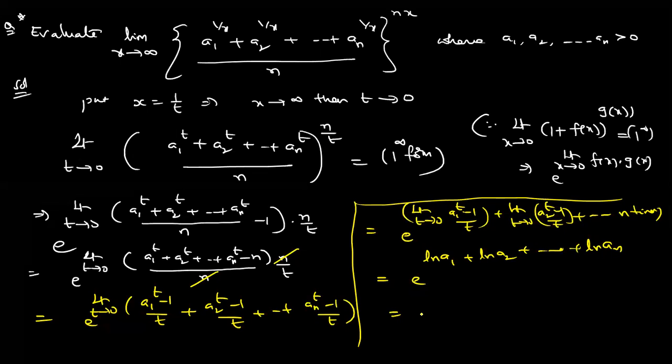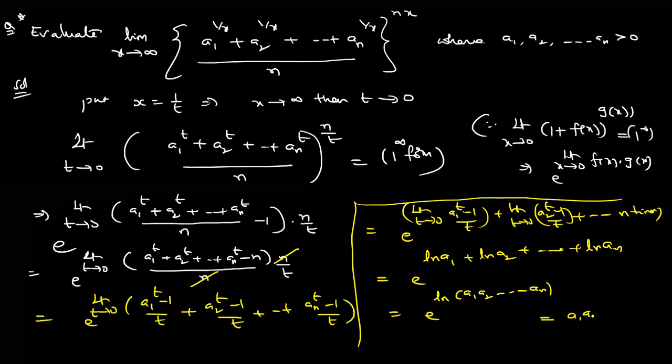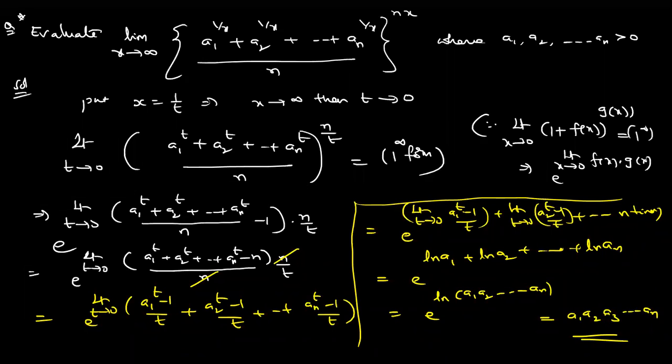Log a plus log b, that is ln(a1 a2 ... an). What is the answer finally? The exponential function and logarithm function both cancel, so directly we are getting this. The same model I'm giving, you can practice it as DPP.